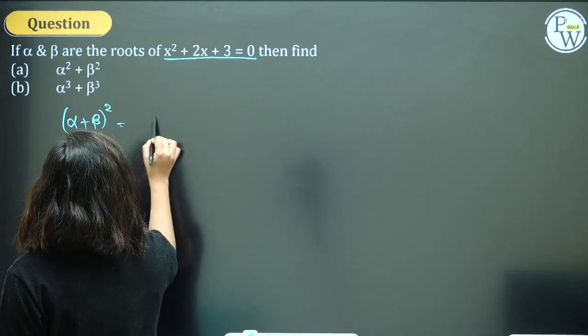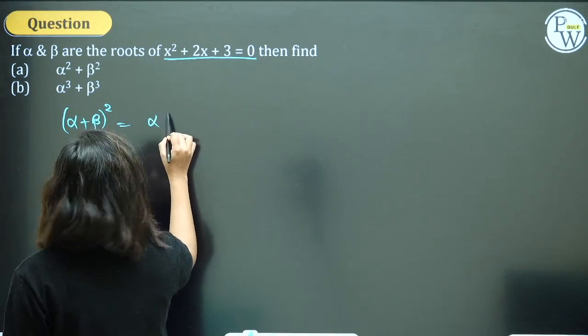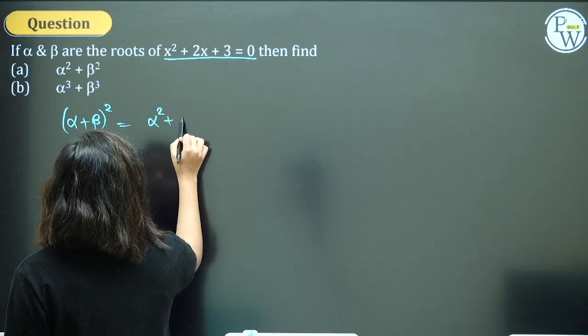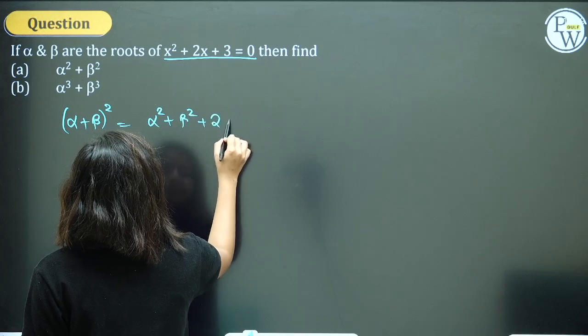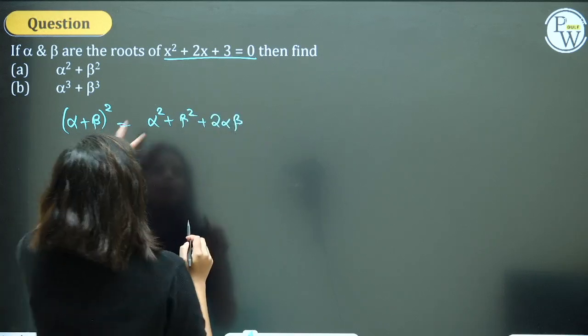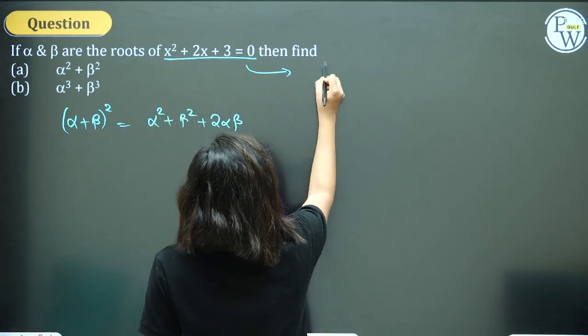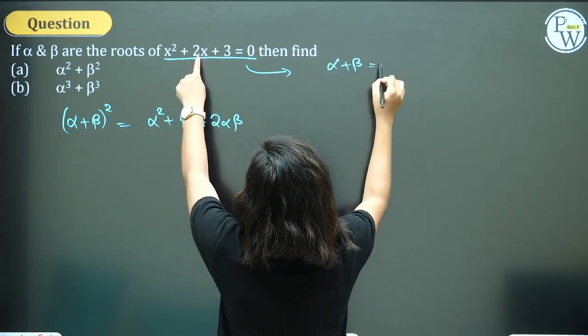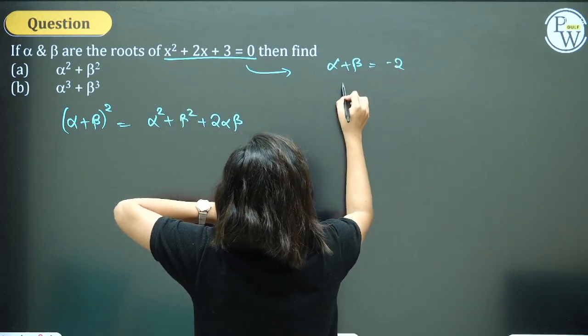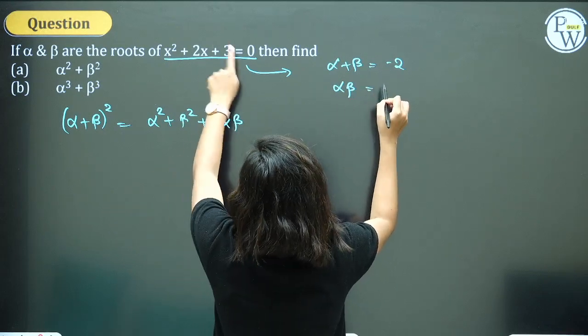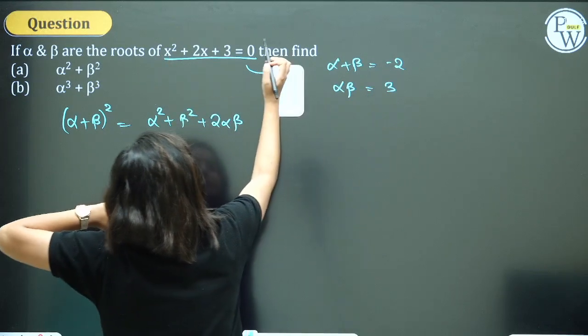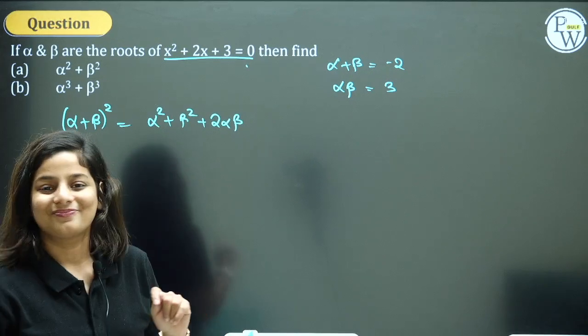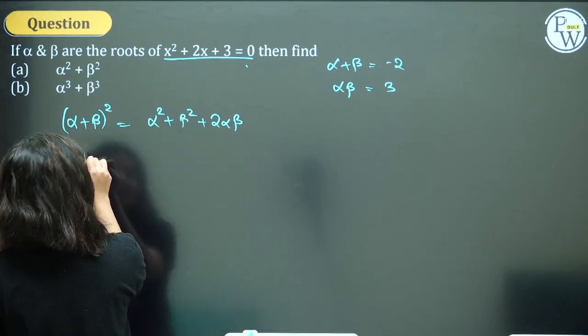Alpha plus beta the whole square is alpha square plus beta square plus 2 times alpha into beta. Now from the quadratic equation, the sum, alpha plus beta, is minus b by a, minus 2. Product is c by a, 3. Use it now. What are you waiting for?